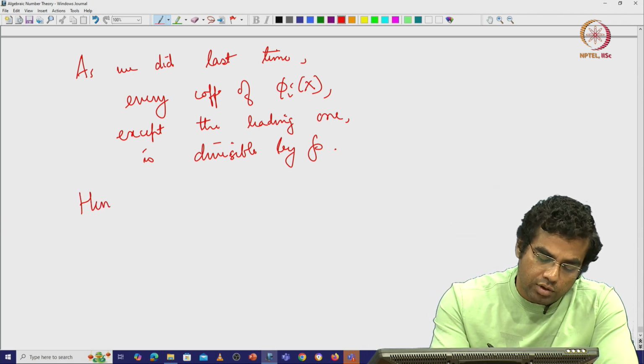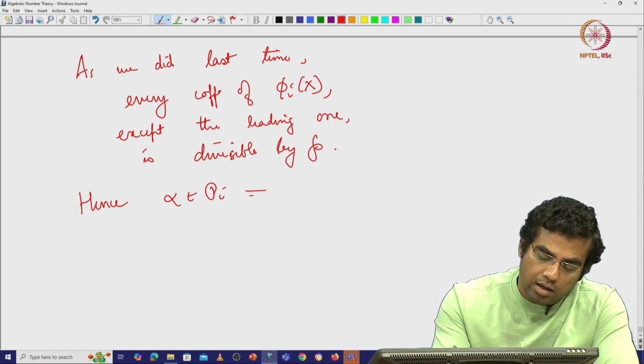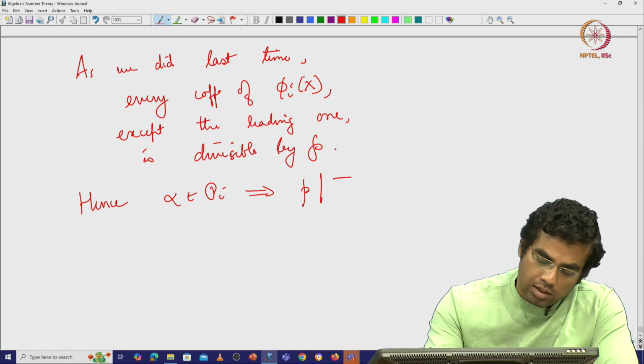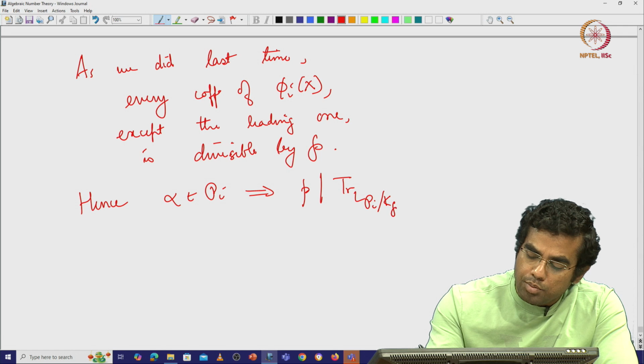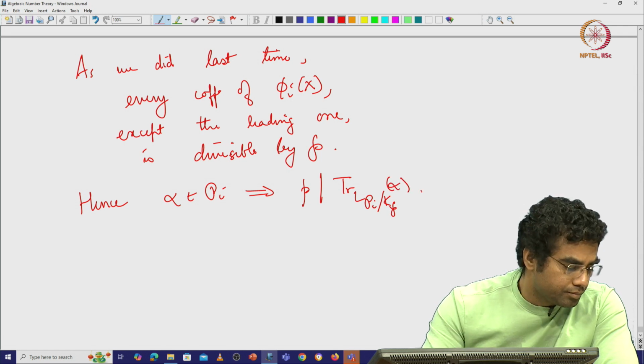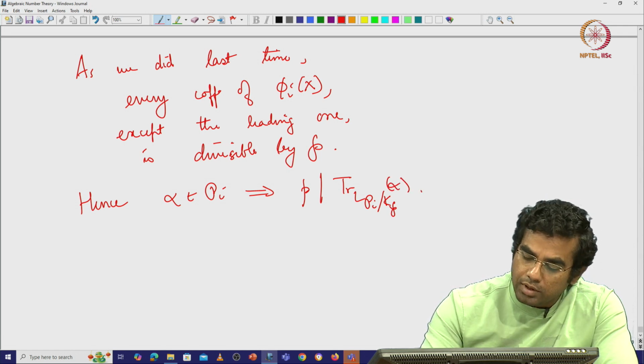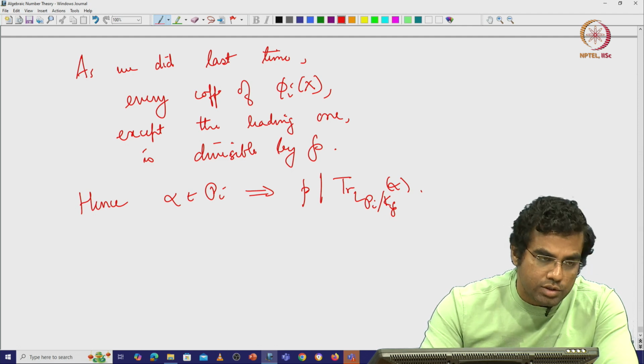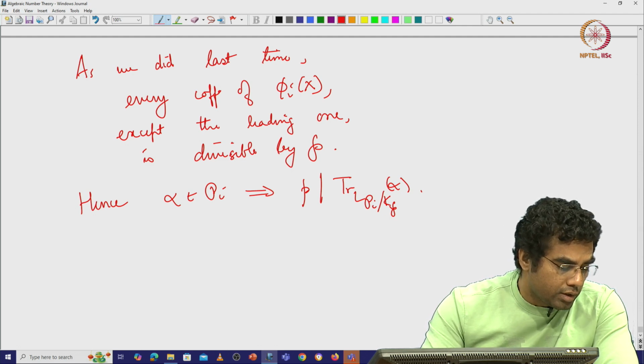So hence what we have shown is that alpha in P_i implies that p divides the trace from L_{P_i} to K_p of alpha. Okay. All right. So this is just a claim that we proved, and we are going to use it in our proof of the theorem.